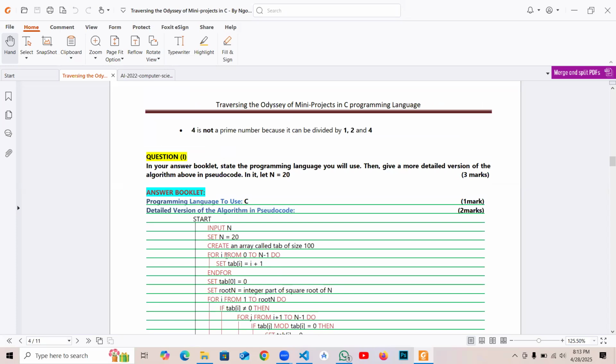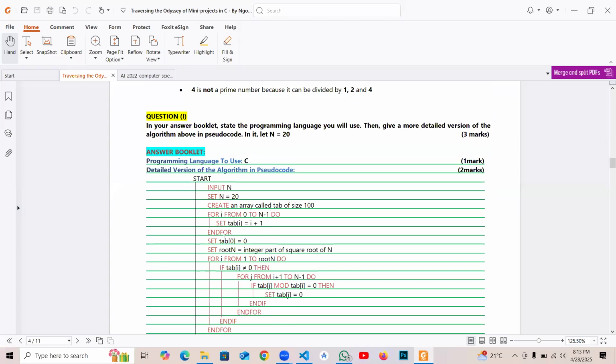Then for I starting from 0 to n minus 1, we should set the array at that position I to be equal to I plus 1. Now, end for means that this for loop is ended. We set that first index to 0.